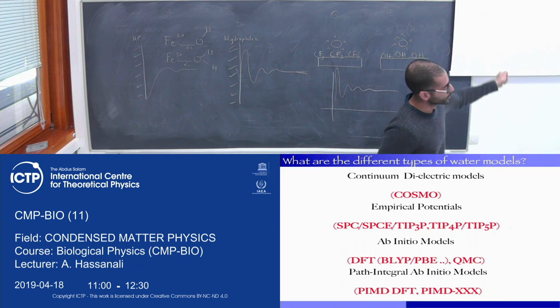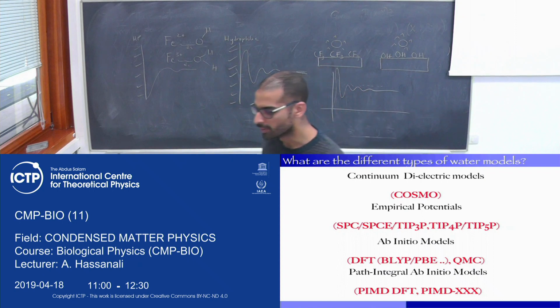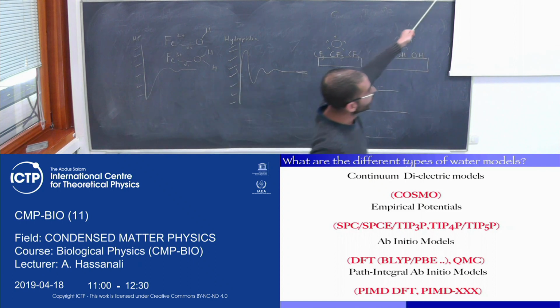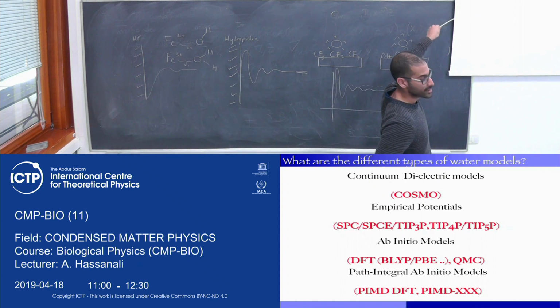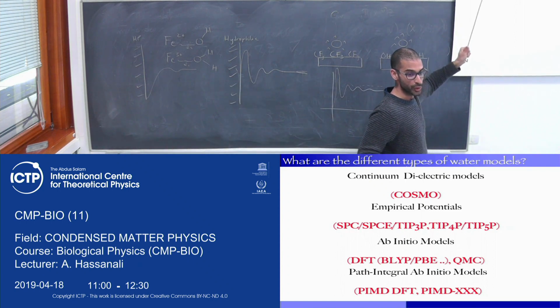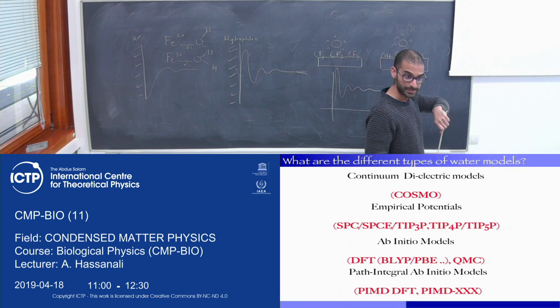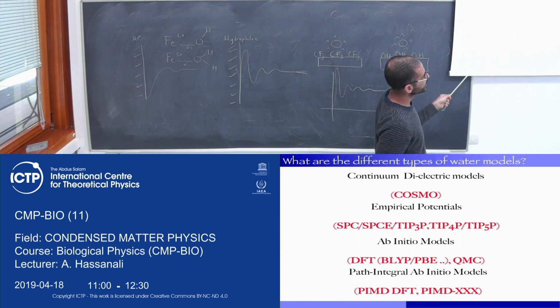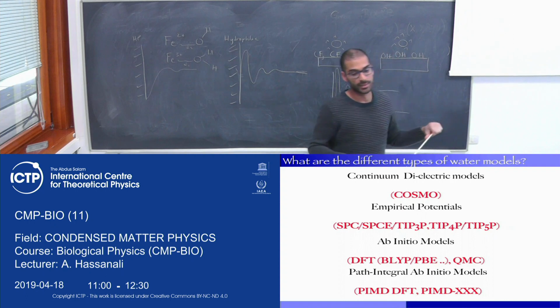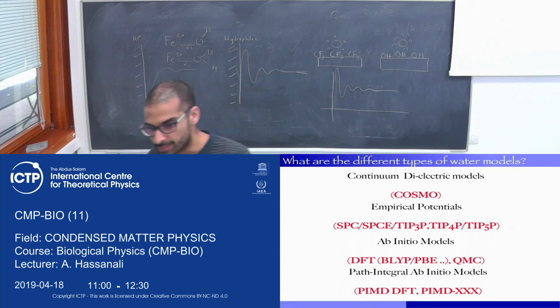Okay, and then there are also more recent efforts to do quantum Monte Carlo, to treat the electron correlation even more correctly, but this is very expensive. All these are classical treatments of nuclei, usually. So the next thing in the hierarchy is path integral DFT.